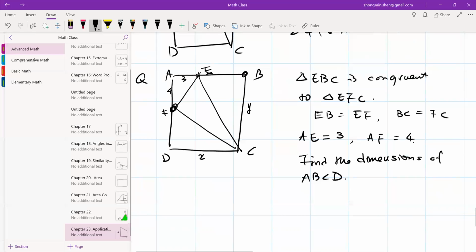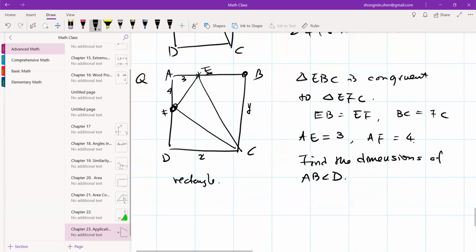Yeah, this is a rectangle. Oh, Edward already gave me the answer. X equals 8. Yeah, X is 8. Okay. But I have to find the Y, right?